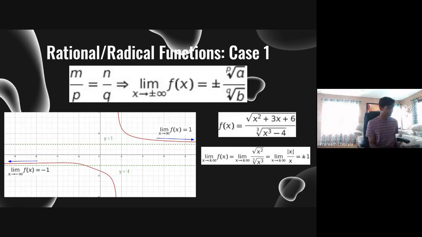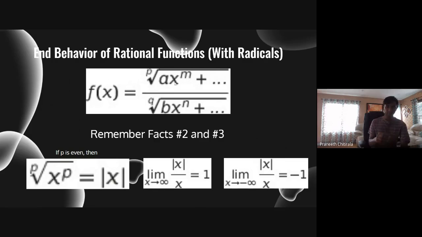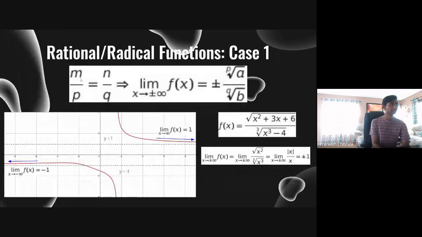So if you have the p-th root of x to the m, let me get out a whiteboard here. No, I don't think you guys can see it. So yeah, with normal exponent laws, you'll just get x to the m over p power. So that's why we involve m over p and then n over q.